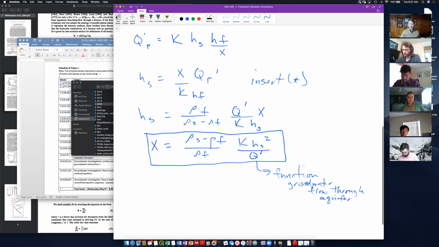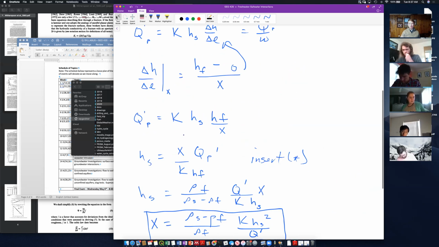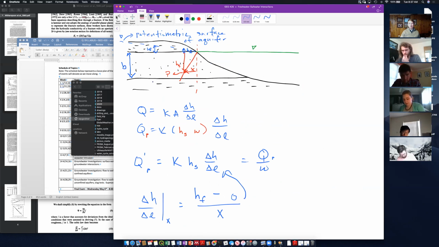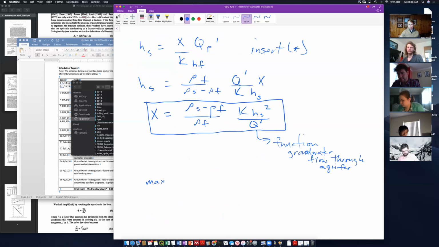Okay, and then finally, if I wanted to go to my full depth, so if I insert B, which is my full aquifer thickness, I'm going to get my maximum length of intrusion. So the max intrusion will be at the bottom of the aquifer.